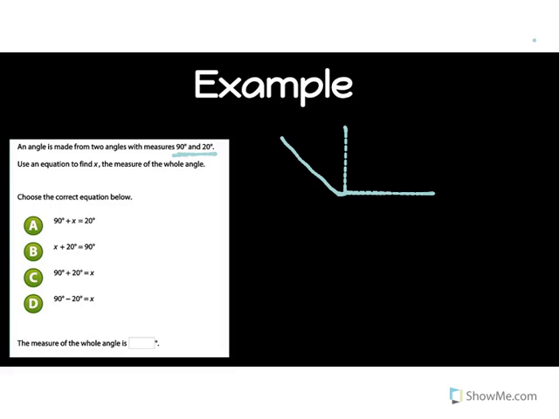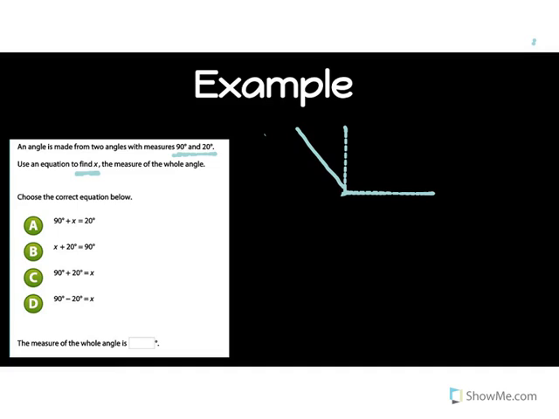It's really not perfect. So here's my 90 degree, and then here's my, I think a 20 degree would be about like that. Use an equation to find x, the measure of the whole angle.